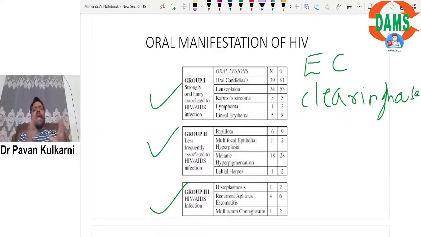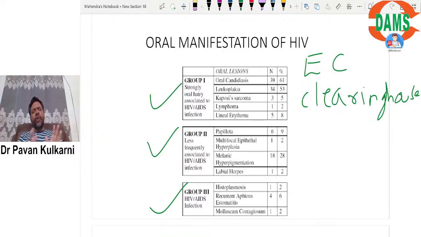What are they? Candidiasis, oral hairy leukoplakia, Kaposi sarcoma, non-Hodgkin's lymphoma, linear gingival erythema. All these are called the five important oral lesions which are strongly associated.